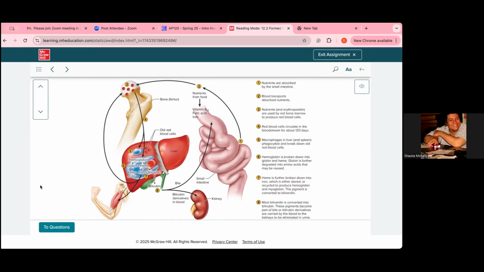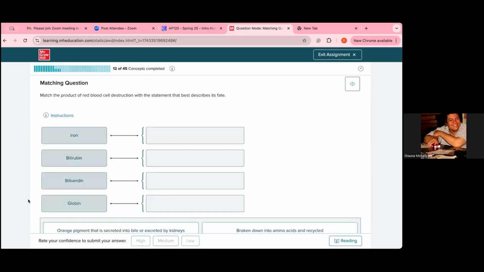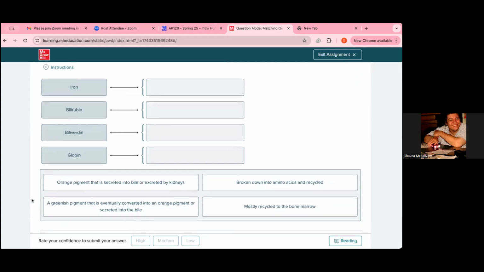Okay, let's see what they ask us in the question. Because that's what they have in the destruction of iron, bilirubin, biliverdin, and globin. Okay, so the orange pigment, do you remember? What's the orange pigment called? It's globin.